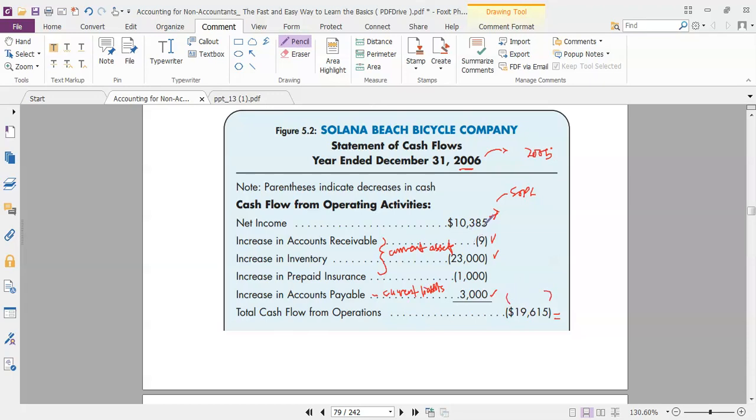Because of 10,003 and 85, you minus 923, so minus the bigger amount from the positive net income. That's why the total cash from operation is a negative amount or value.